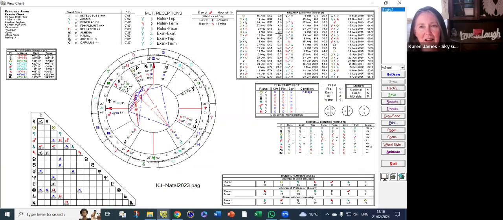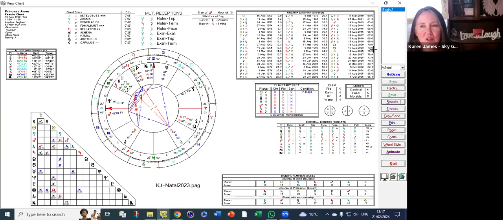The other thing that I love about the Firdaria table is it gives me the ages for all the various years of the person's life. That is fantastic, so I don't have to add and subtract to find how old they are when they walk in the door. I can just look it up here. If Princess Anne walked in my door, I'd be going, right, 15 August 2023, she's 73.